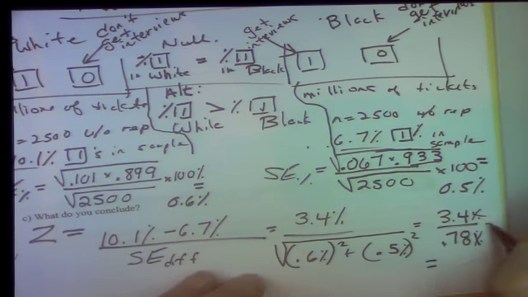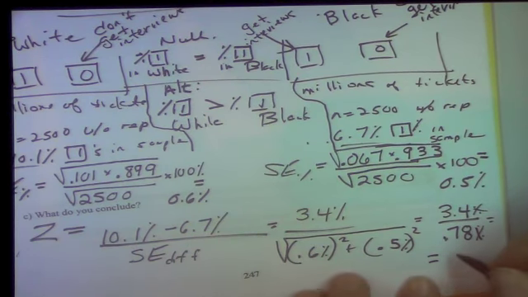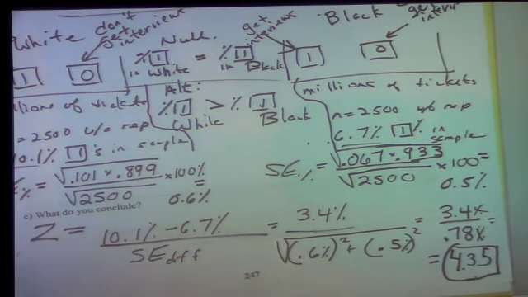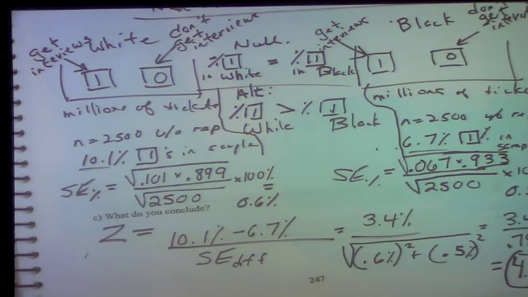This is a huge z-score, by the way. Look, if this was a 1, it would be 3.4. It has to be bigger than 3.4. It's 4.35. Hugely significant. So, we certainly reject the null and conclude that yes, there is discrimination here.